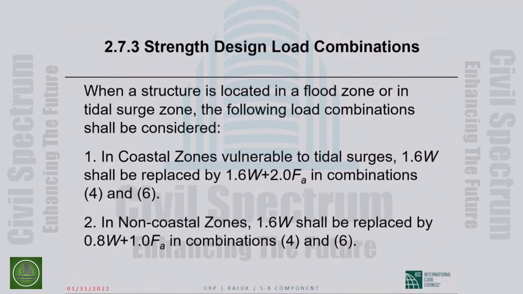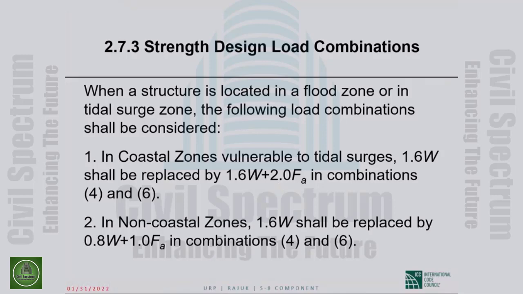Now the F sub A, the flood load. So this is, you saw similar things under ASD. Now strength design, when a structure is located in a flood zone or in tidal surge zone, the following load combination shall be considered. In coastal zones vulnerable to tidal surges, 1.6 W shall be replaced by 1.6 W plus 2.0 F sub A. This is strength design, so there is a factor of 2.0.